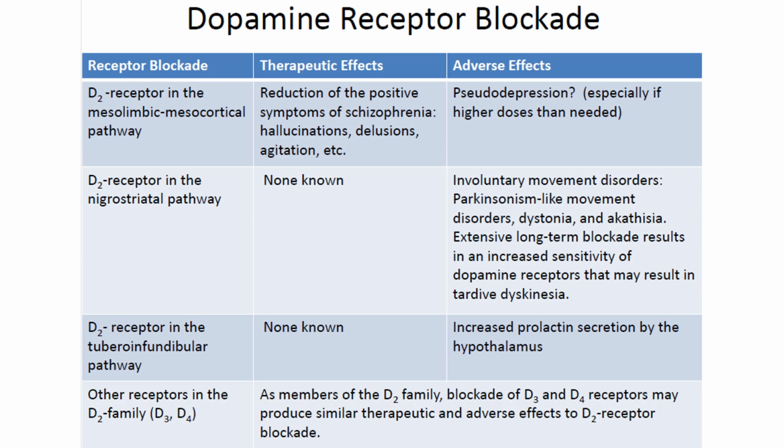So here, if we start playing with dopamine, with our dopamine receptors in the tuberoinfundibular pathway, it's going to increase the prolactin secretion by the hypothalamus.